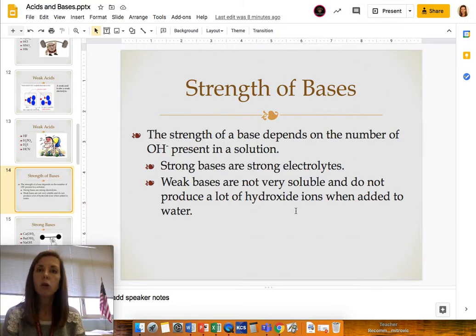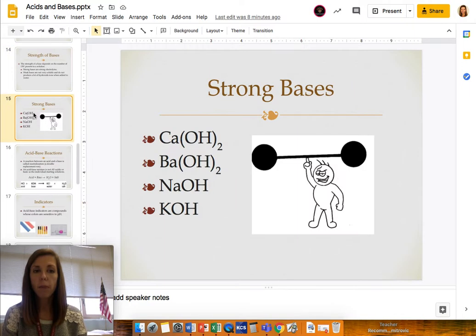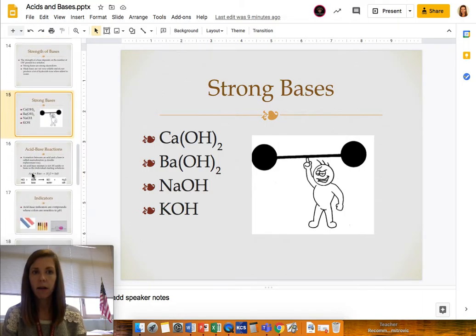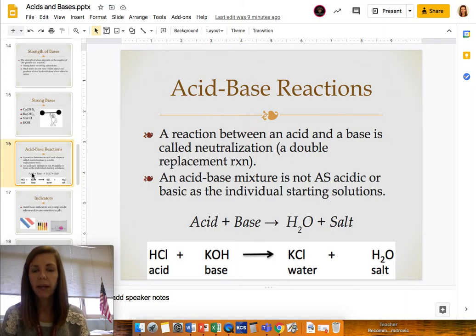So there's only partial ionization that allows for that base to be a weak base. Our strong bases all have hydroxide: calcium hydroxide, barium hydroxide, sodium and potassium hydroxide. Those are our strong bases, okay? Weak bases would be something like ammonia, NH3.